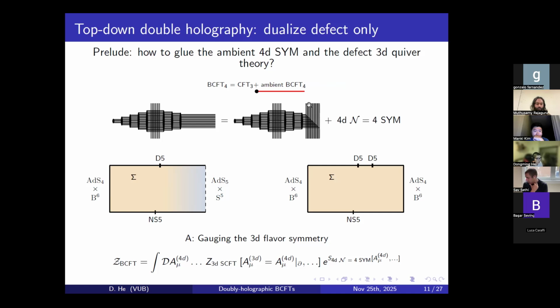And at the bottom are the holographic duals. So this is AdS4, AdS5, and this is AdS4 and AdS4, which is purely 3-dimensional.